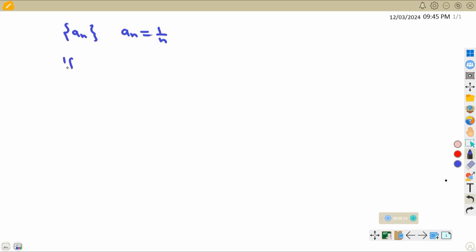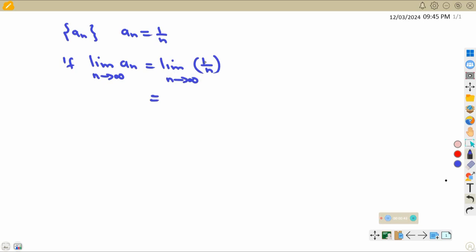Now, we want to know the limit of this. If you take the limit as n is tending to infinity, or as n is increasing, of a_n, this will be the same as taking the limit as n tends to infinity of 1 divided by n.